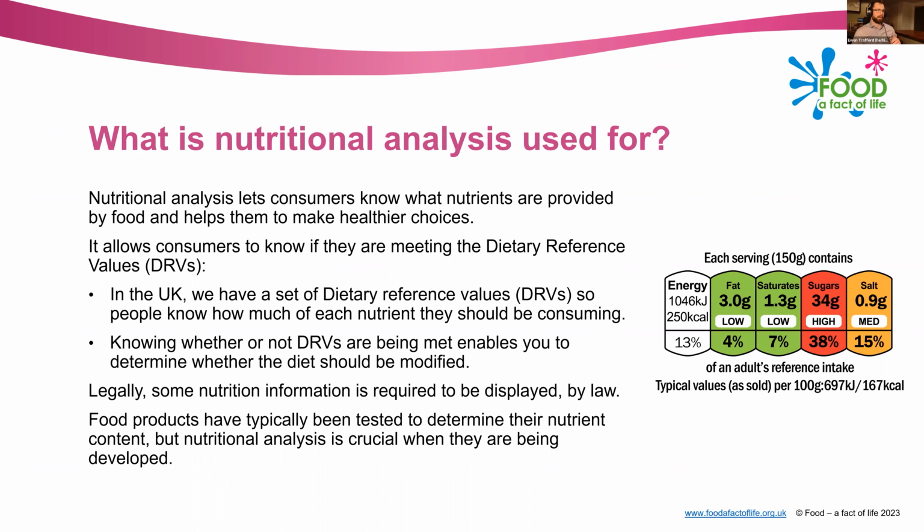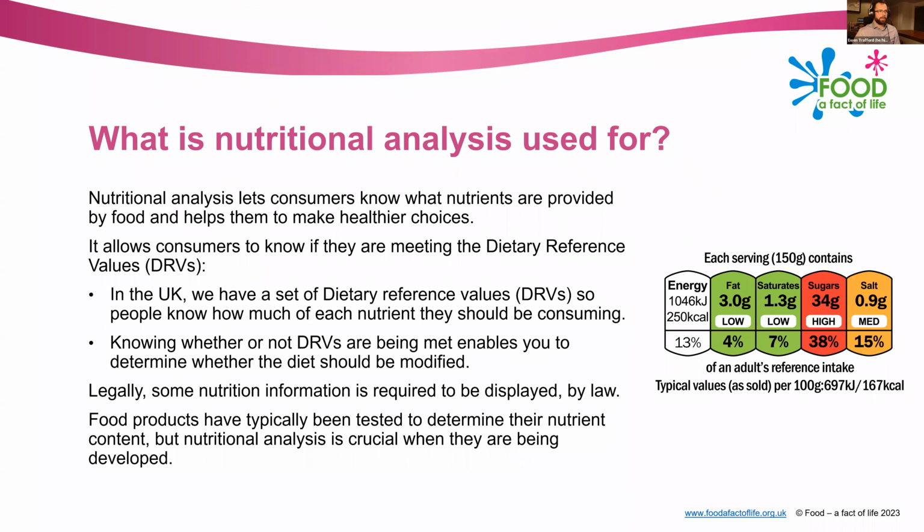And when we talk about our software Explore Food later on, you'll be able to investigate that with different genders and ages as well. Knowing whether or not DRVs are being met enables decisions about whether the diet should be modified in some way, if, say, for example, saturates are too high or if other nutrients are too low.